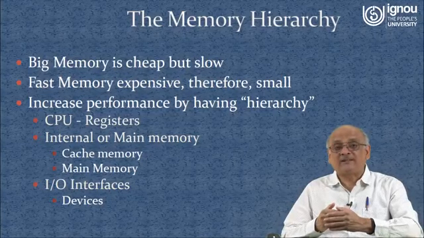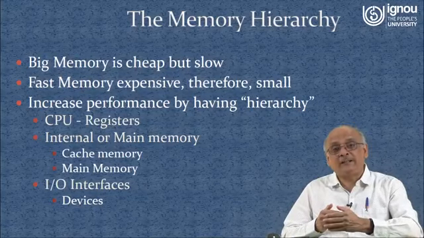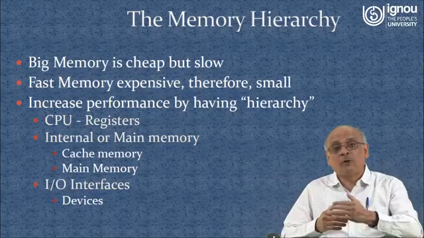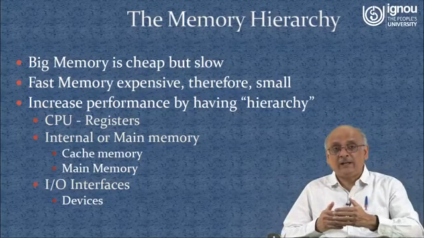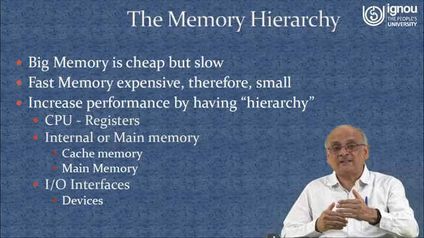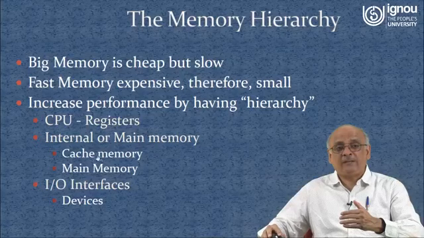But in practice, the main memory of a computer is found to be 20 to 50 times slower. So what we need is a faster memory between the main memory and the CPU registers. Between the CPU registers and main memory, we have a memory called cache.